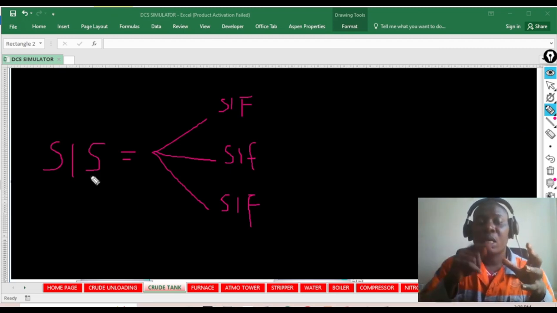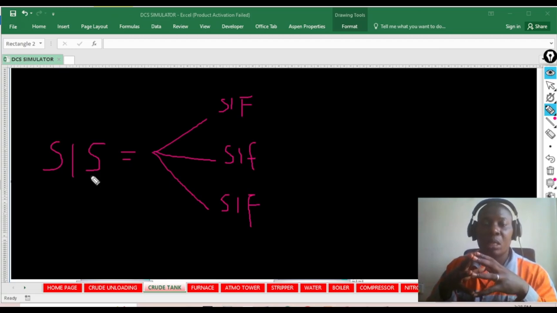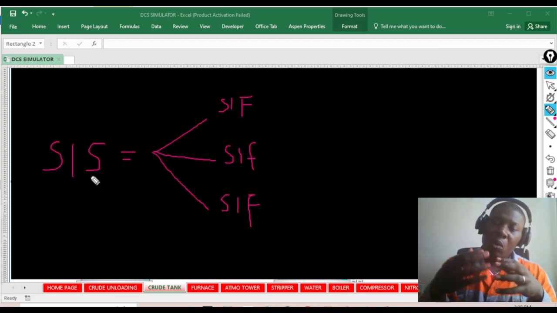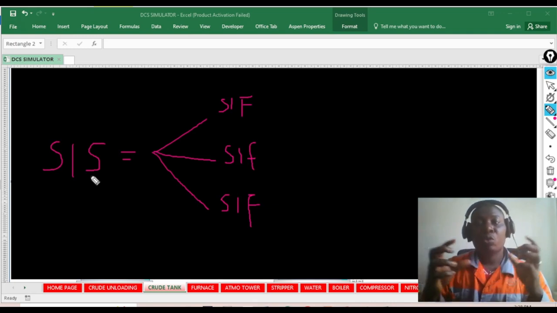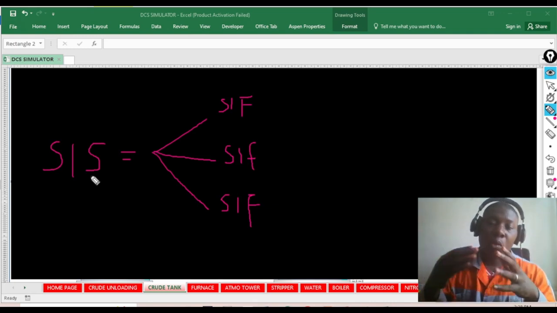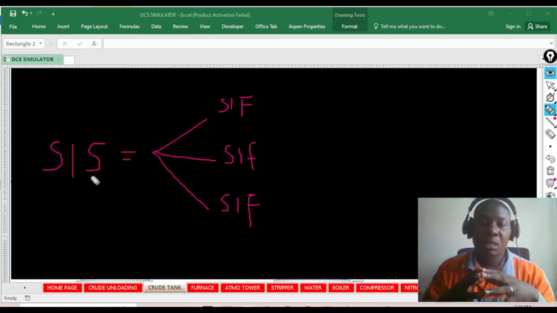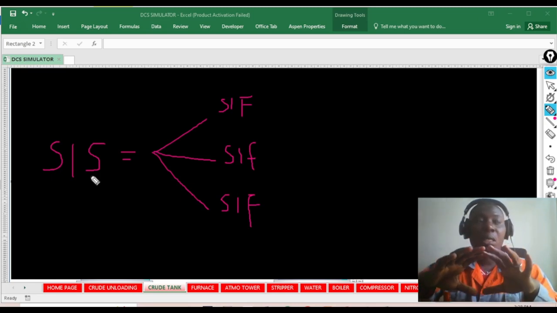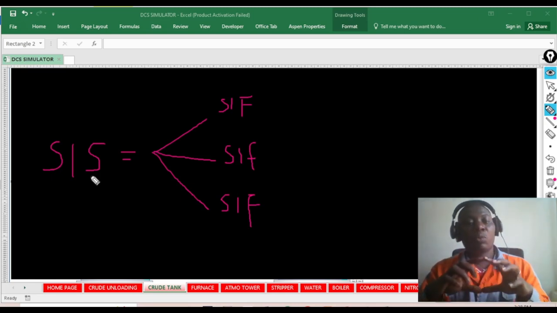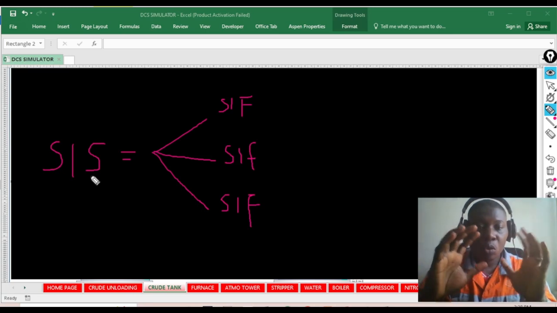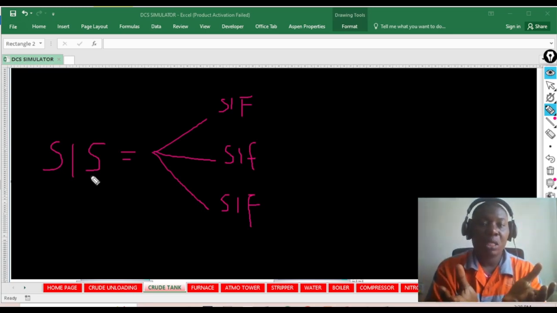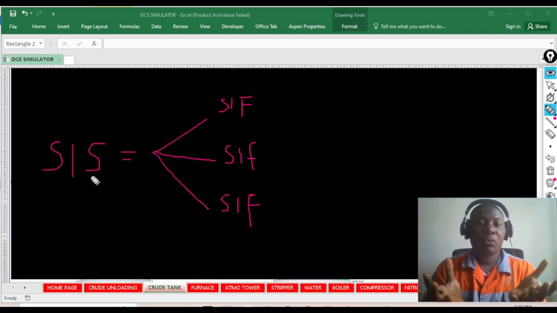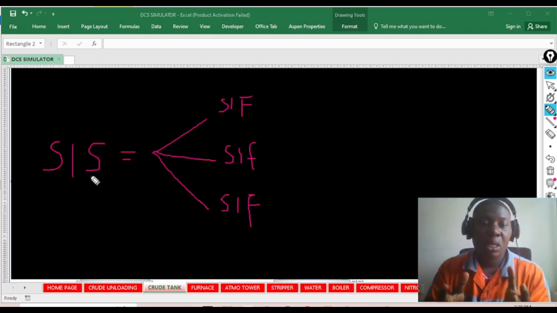That is where the SIS comes in. What the SIS will do is reduce the consequences and also the severity. Because if there is a protection, the event will still take place, but something will be able to reduce the consequences, the danger of that event. And that is what the SIS is all about.